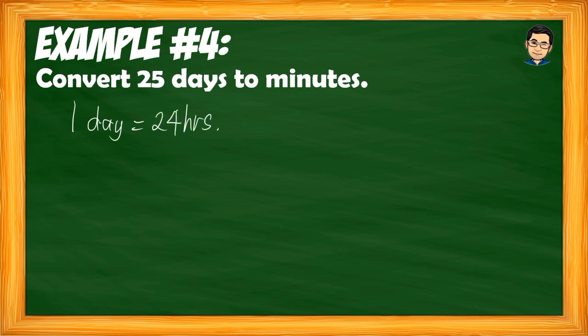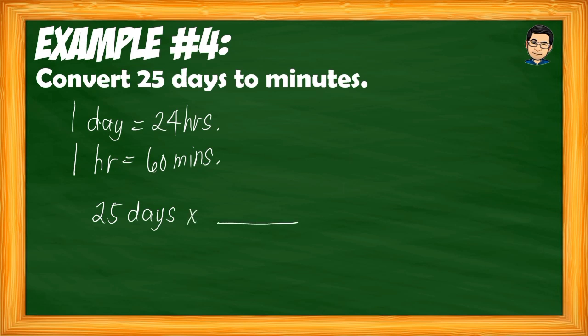And then, 1 hour is equivalent to 60 minutes. So, sulat lang natin 25 days times, sa loob ng isang araw, meron tayong 24 na oras. So, that is 24 hours all over 1 day.